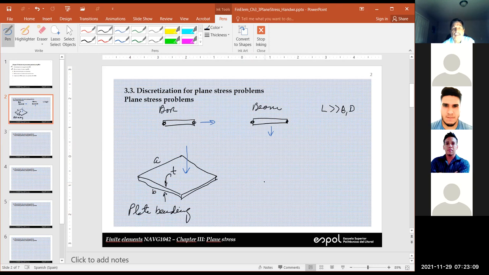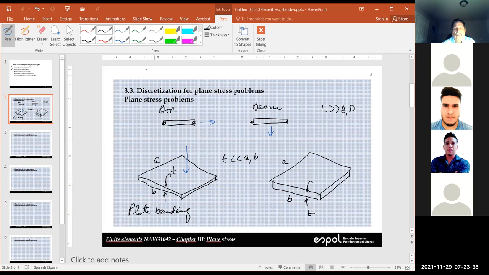In this subchapter, we are going to study a plate, okay? Similarly, in both cases, the thickness is much smaller than the A or the B dimensions, okay? So this is the thickness.